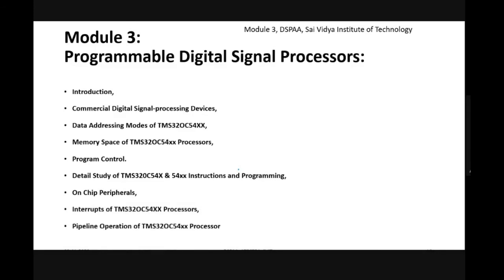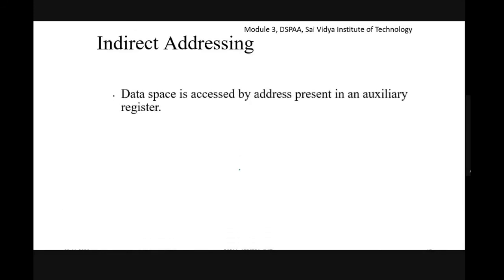Indirect addressing: in indirect addressing, the data space is accessed by an address present in an auxiliary register. We have 8 different auxiliary registers: AR0, AR1, AR2, AR3, AR4, 5, 6, 7. Each one is a 16-bit register.